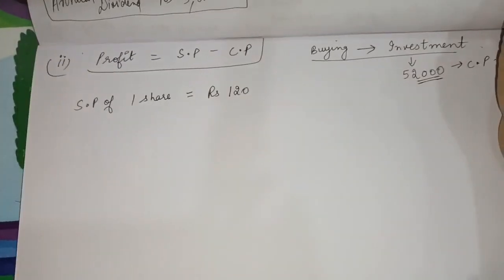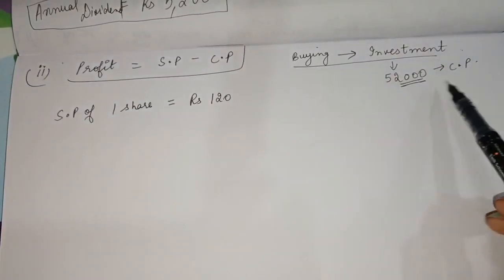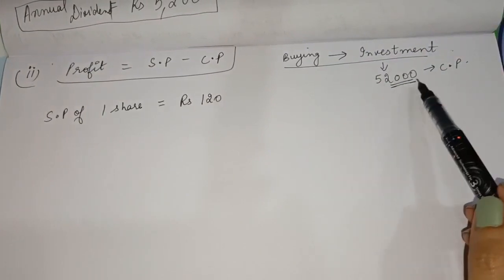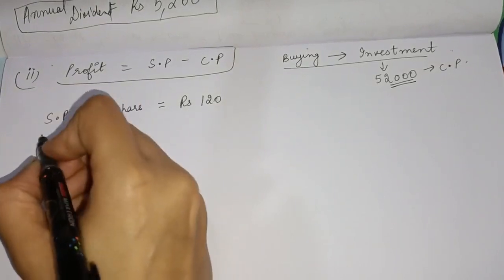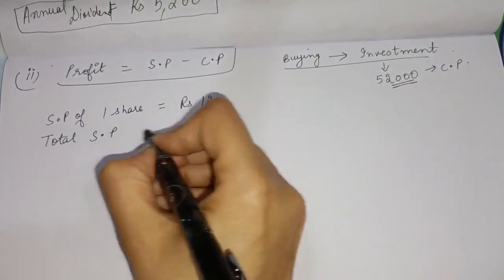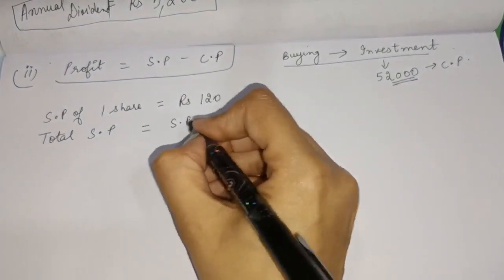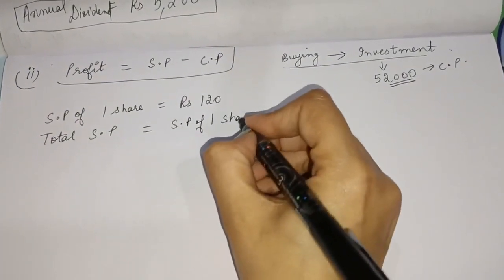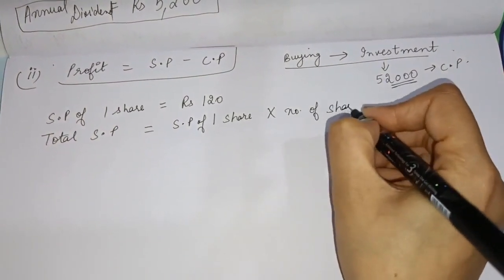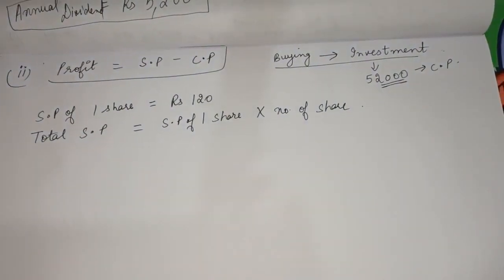Total buying price, total CP, we know, that is 52,000. So total selling price, or total SP, is equal to selling price of one share into number of shares.